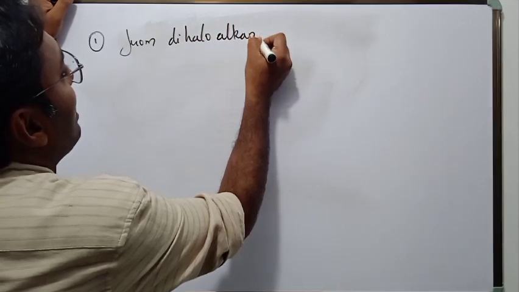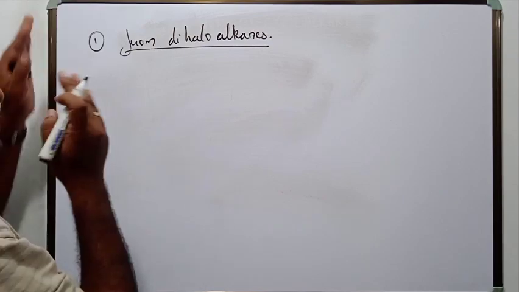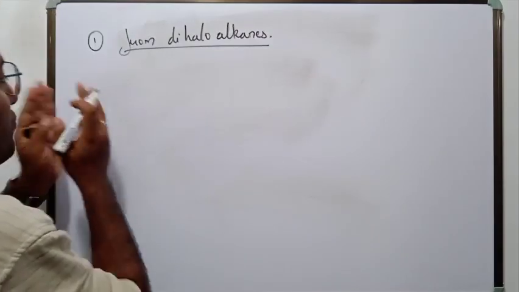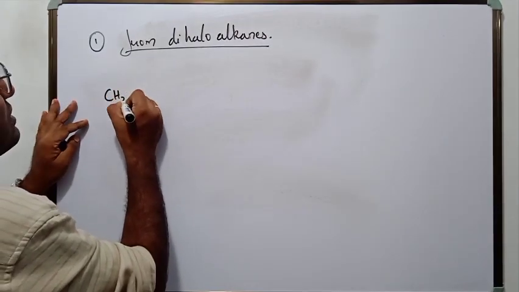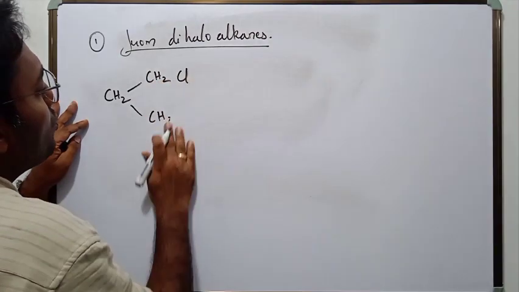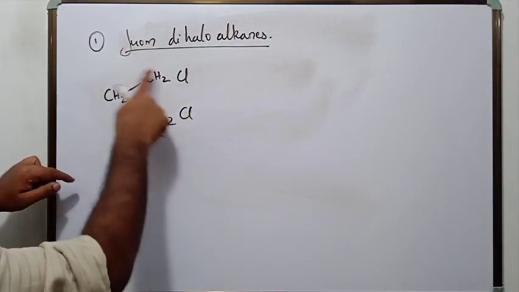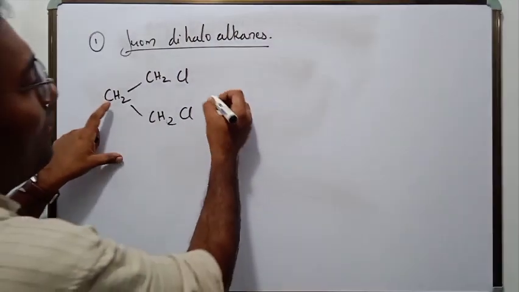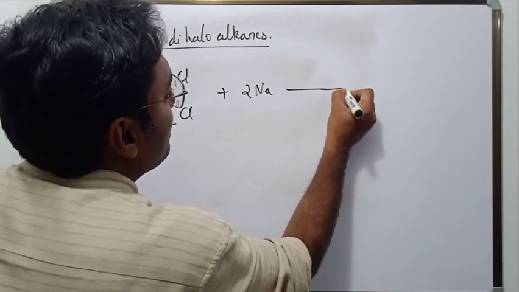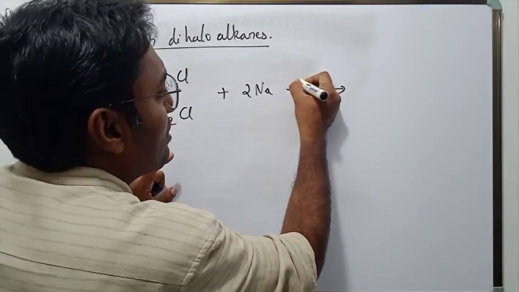Let us see how we can make it from dihaloalkane. For this, let me prepare the smallest of all cycloalkanes, which is cyclopropane. For that, I take this compound, 1,3-dichloropropane, correct? Now let me react it with 2 sodium, and let me heat it in the presence of dry ether or ethanol.